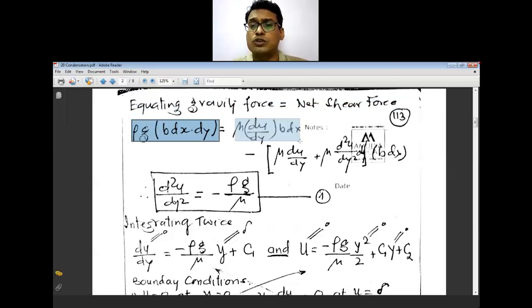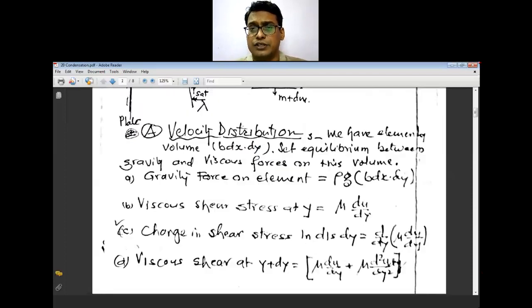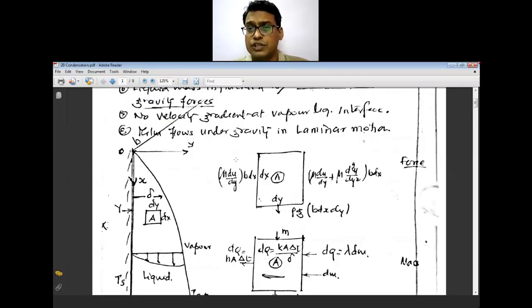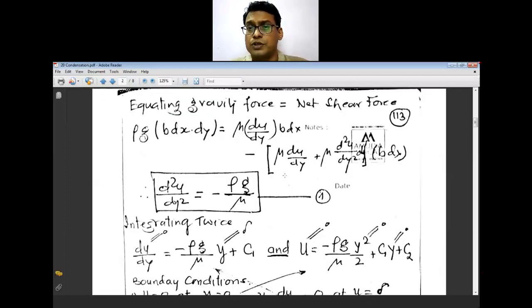The force in the y direction from the wall towards the other end, and which is moving out from this element, is mu into du upon dy plus mu into d2u by dy square into b dx.